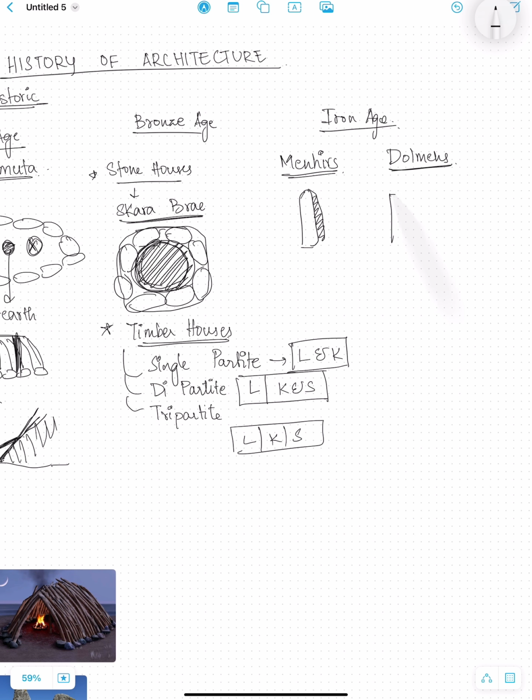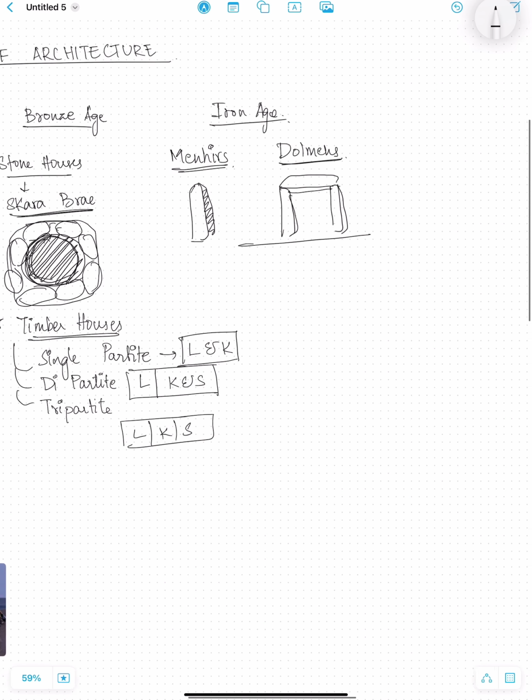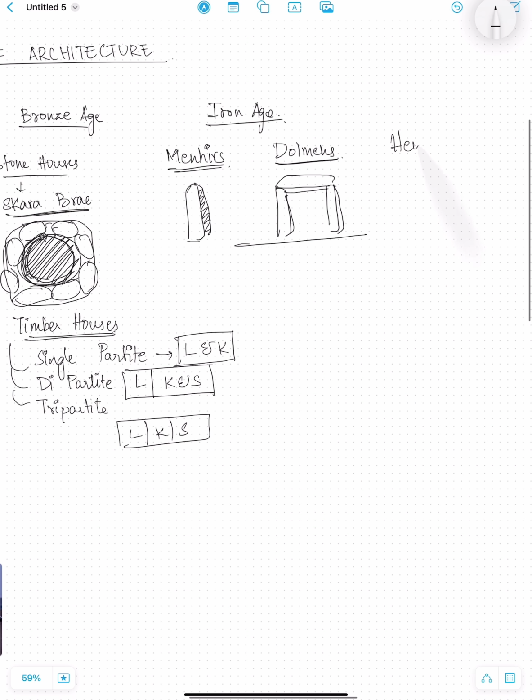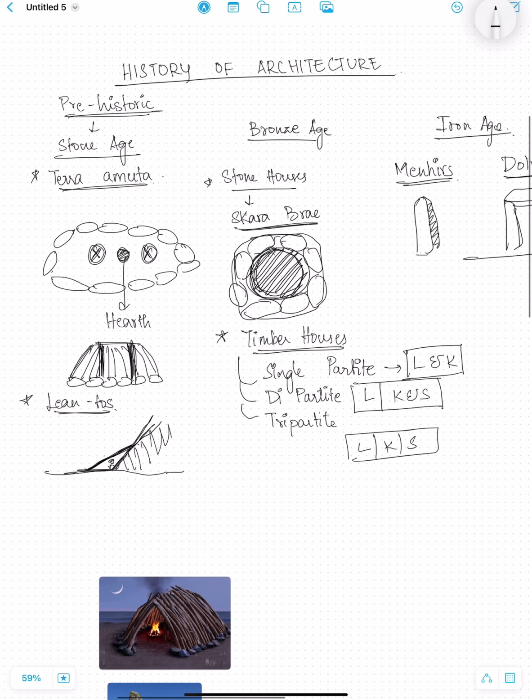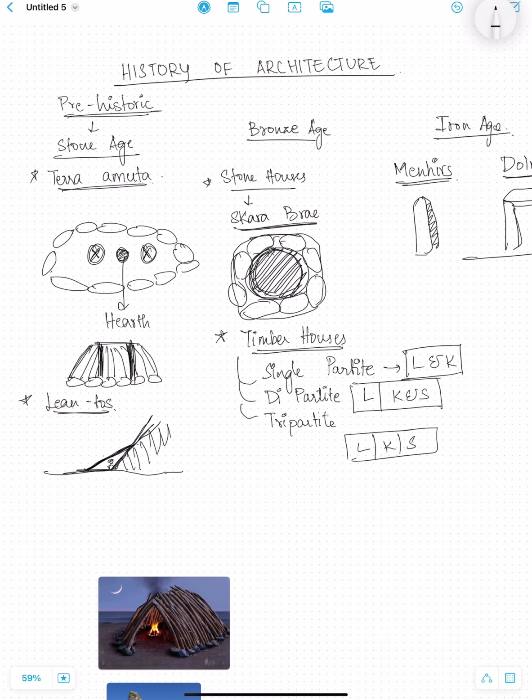This formed a post and lintel kind of structure, which had 3 to 4 menhirs generally, forming a trapezium sort of shape. So this was dolmens. And then the stone henges, which was a group of menhirs forming roughly a circle. So these were there, and this was basically Stone Age.